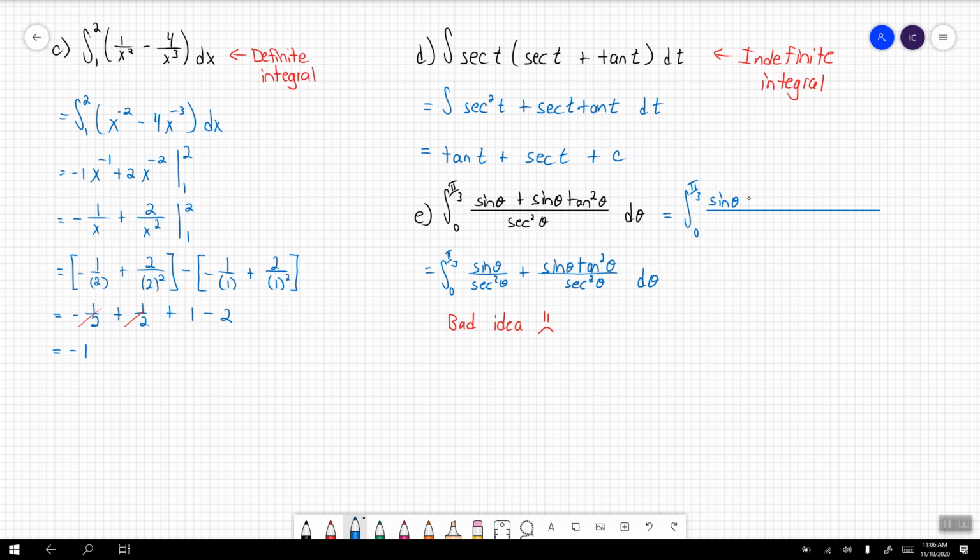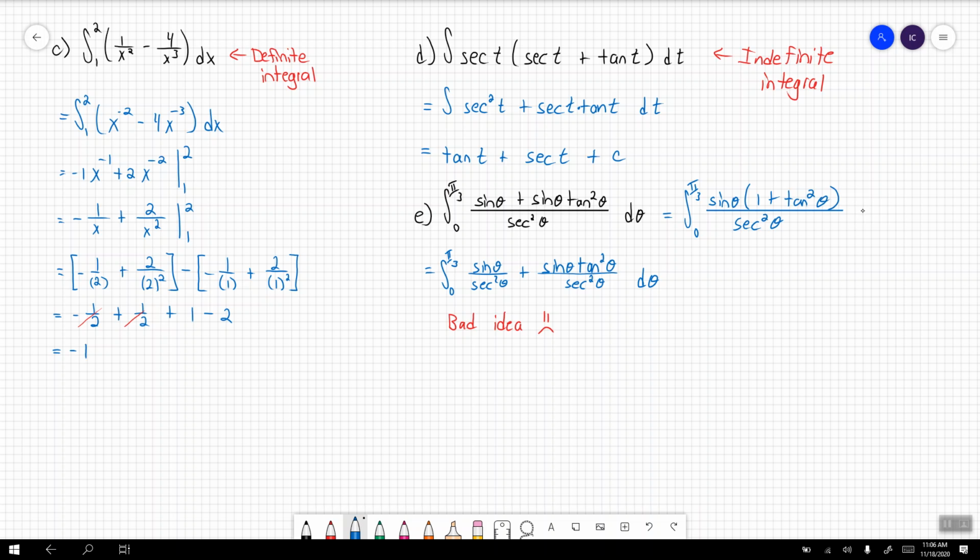One thing that I did see as I looked up again is I saw that my numerator contains a sine of theta. So I'm going to factor out that sine of theta. And what I'm left with here is sine of theta multiplied by the quantity of 1 plus tangent squared of theta, all divided by secant squared of theta.